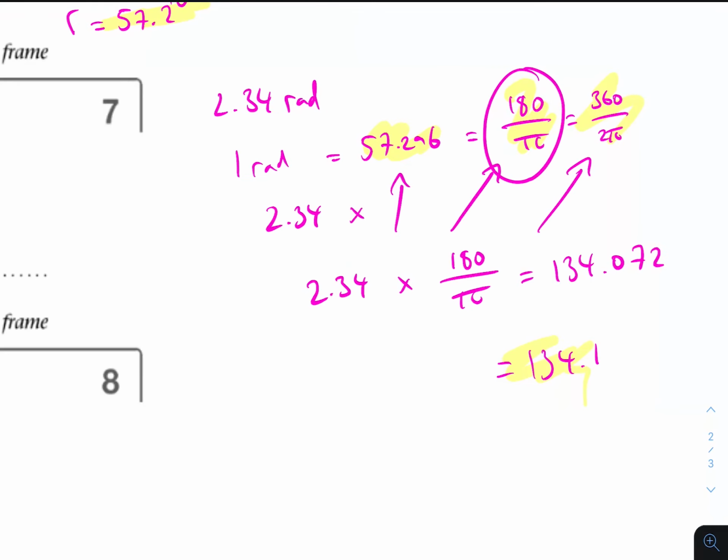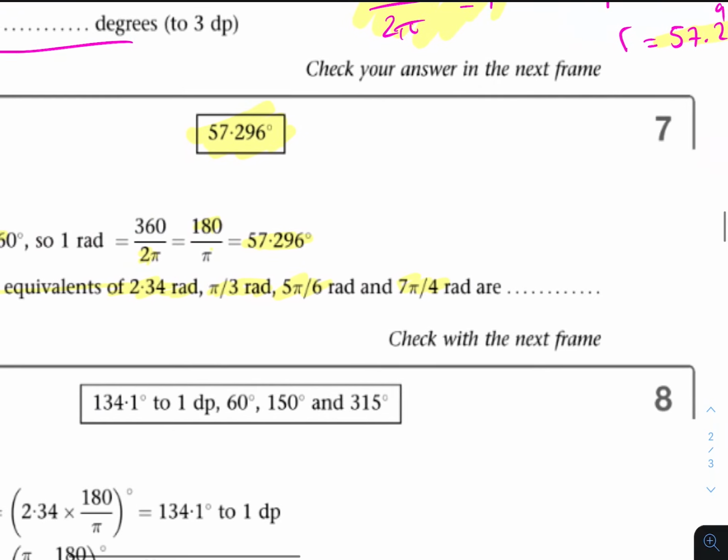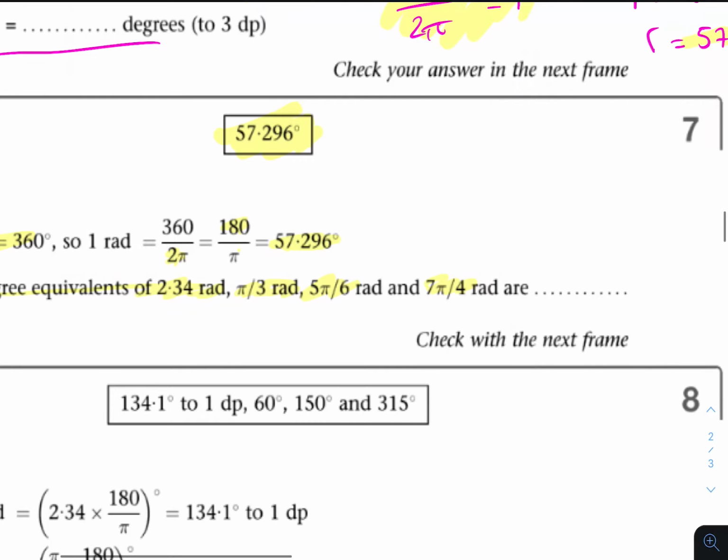So 2.34 radians is equal to 134 degrees. Cool. What's the next one? We'll do this one in a different color.